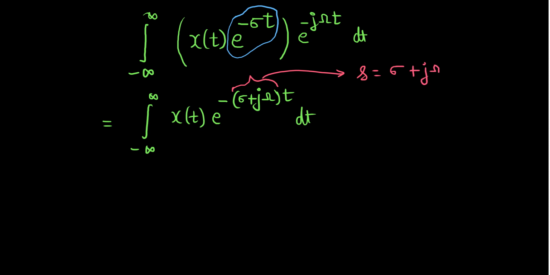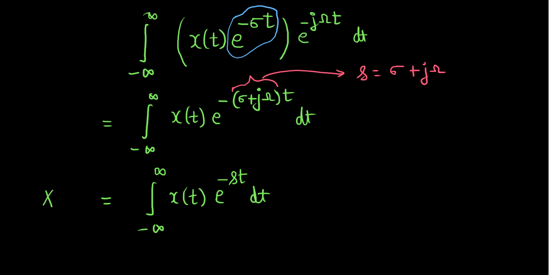This is a complex number. So that expression is going to be equal to the integral from minus infinity to infinity of x of t e power minus st dt, and the expression that we have obtained here is called the Laplace transform.